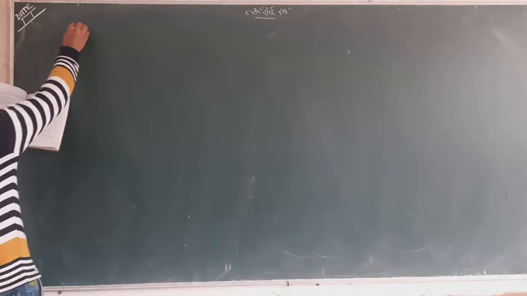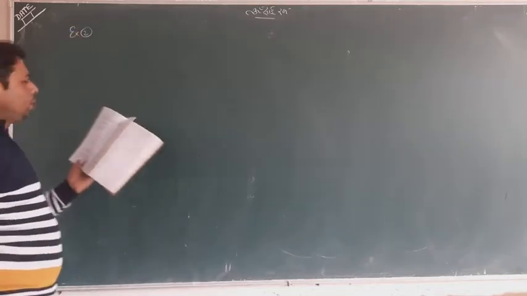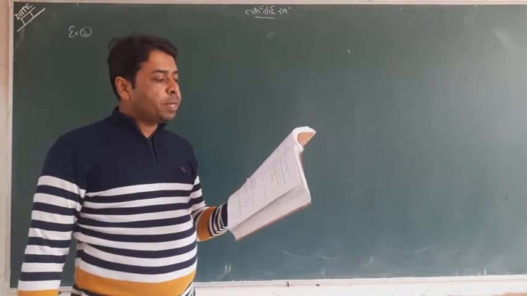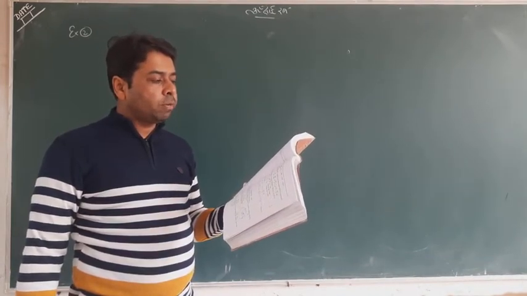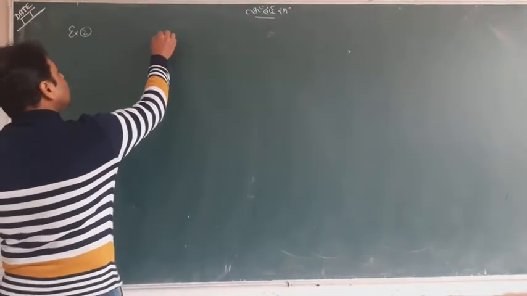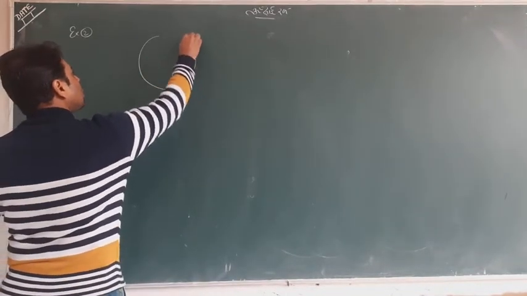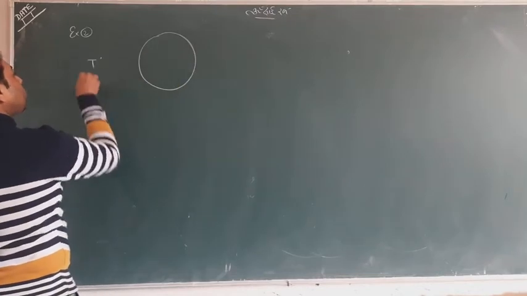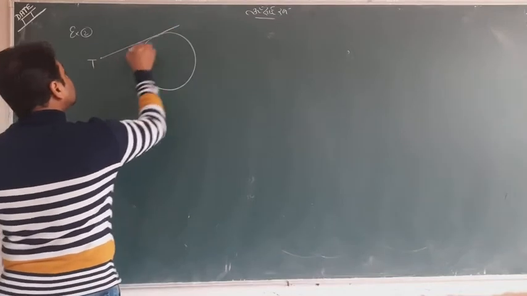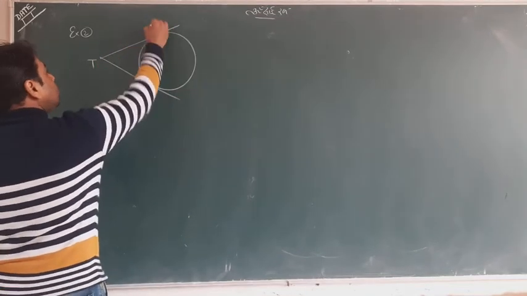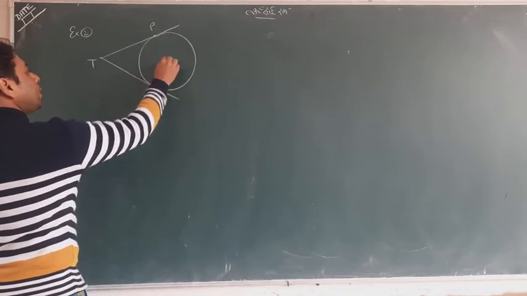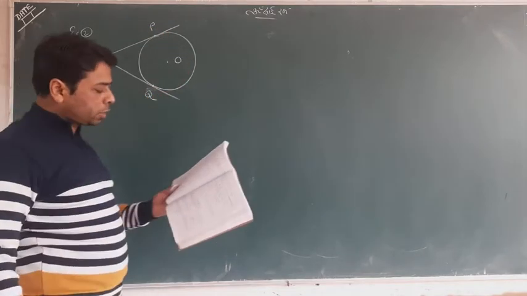It is a good question. Two tangents TP and TQ are drawn to a circle with center O from an external point T. We have a circle and an external point T. So we have TP and TQ, two tangents, and O is the center of the circle.